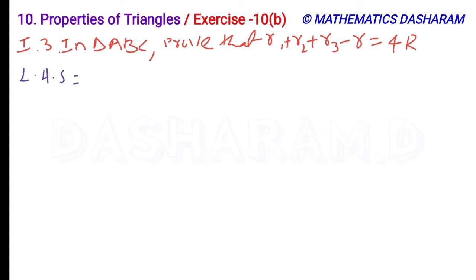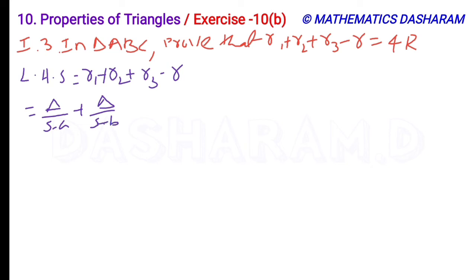So LHS equals, r1 equals delta divided by (S minus A), plus r2 equals delta divided by (S minus B), plus r3 equals delta divided by (S minus C), minus r equals delta divided by S. So now for these two take the LCM, and at the same time delta is common.